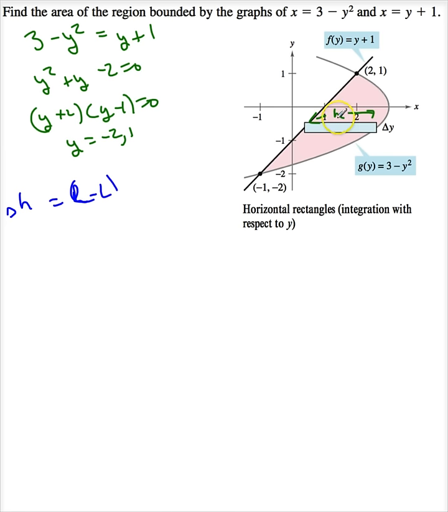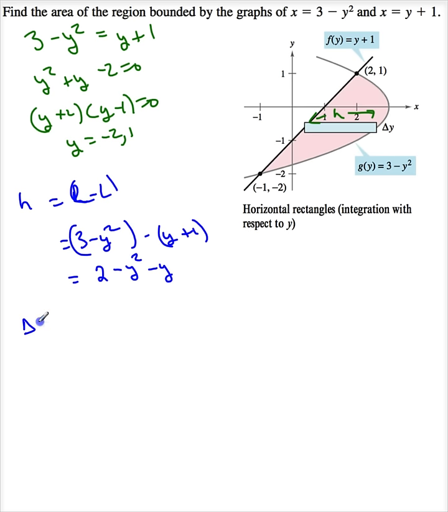So the height of this rectangle is, the right one is 3 minus y squared. The left one is y plus 1. So when I solve this down, I get 2 minus y squared minus y.